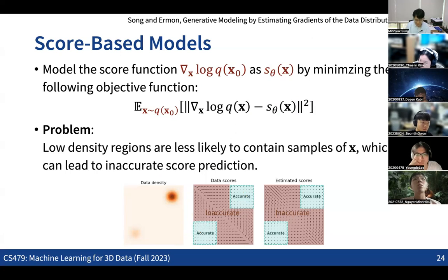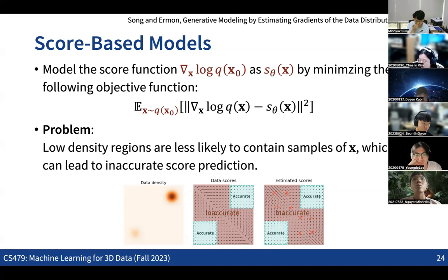But our score prediction network might be inaccurate for those regions because we don't have many samples in the red region. All the samples that we have come from the data distribution, and those are concentrated in these regions. So at the very beginning, when we start from those regions, the score information that we get might be inaccurate.